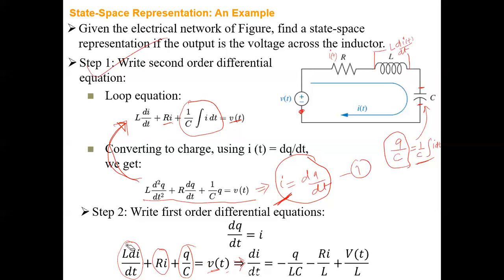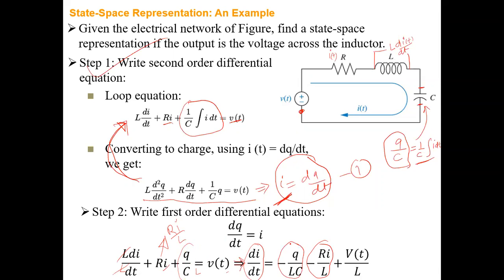So divide everything by L. What happens if we divide everything by L? L divided by L cancels out. Then you have di over dt on the left. Then R i over L, so minus R i over L. Then what is this here?